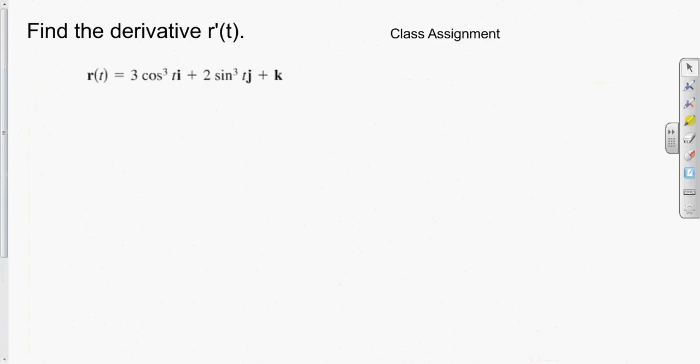Give you about a minute to do that. We should be able to finish this section before today is over with. Don't forget to apply the chain rule, right? Remember the chain rule or the power rule?